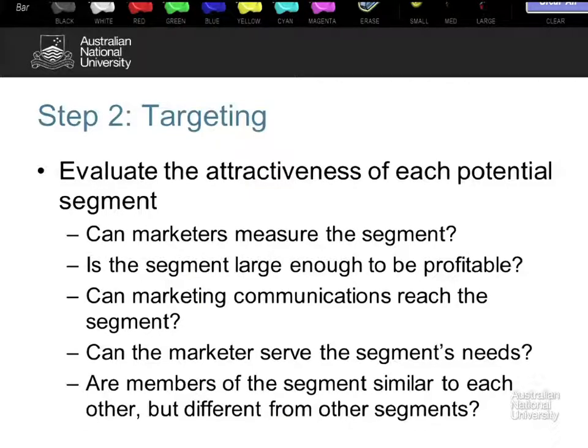So your segmentation becomes a question of, here are my choices, here are my options, which one of these is the best one for me? Now many of you are going to find this to be a really confronting process, a really challenging and difficult process, because you may find yourself with multiple options that look good, but you're only allowed to use one.